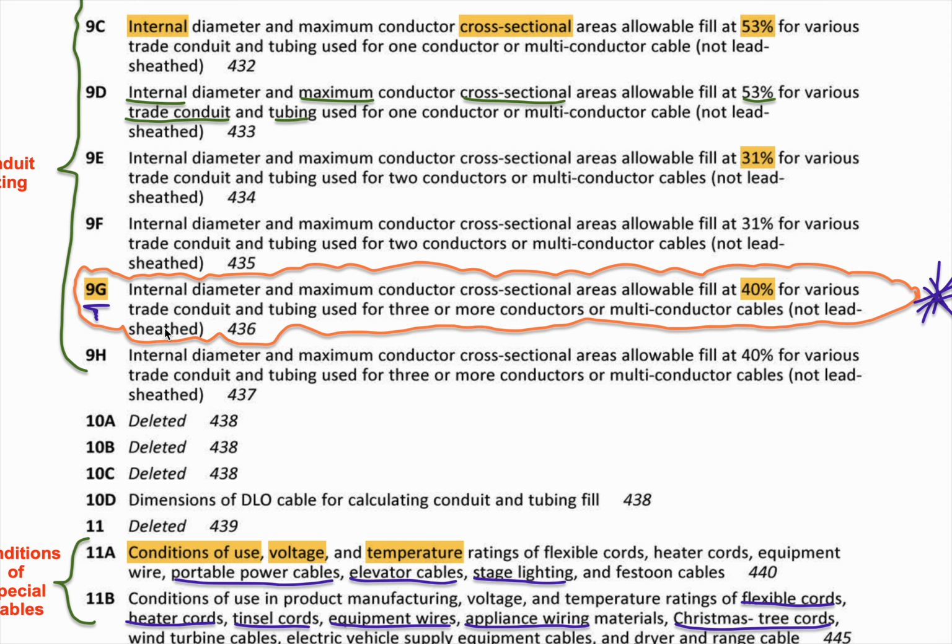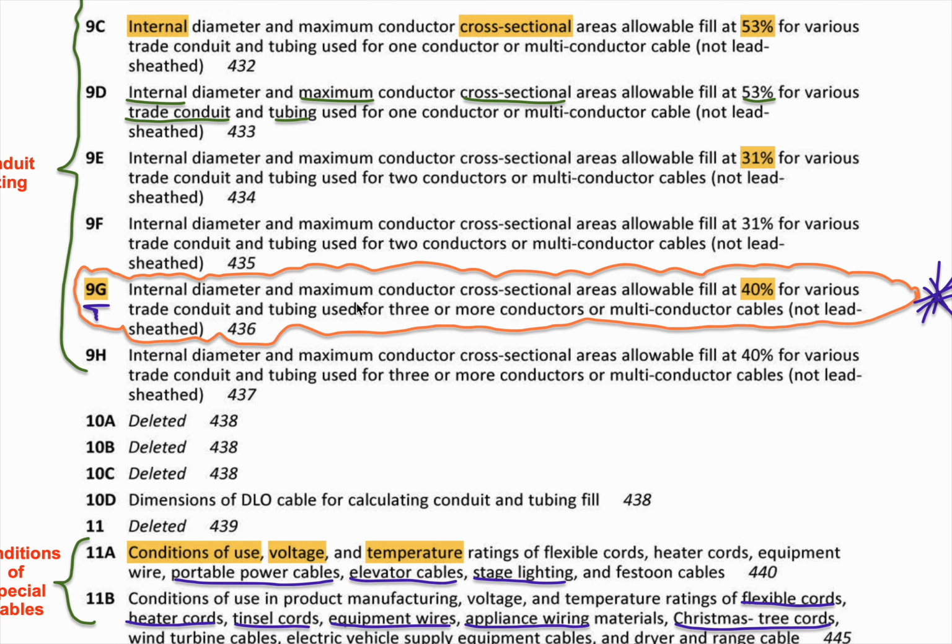But always remember, in the exam and also in real practice and on the real job, you must use table 9G maybe 90% of the time, because most of the time it is 40%, and these are the most usable conduits.